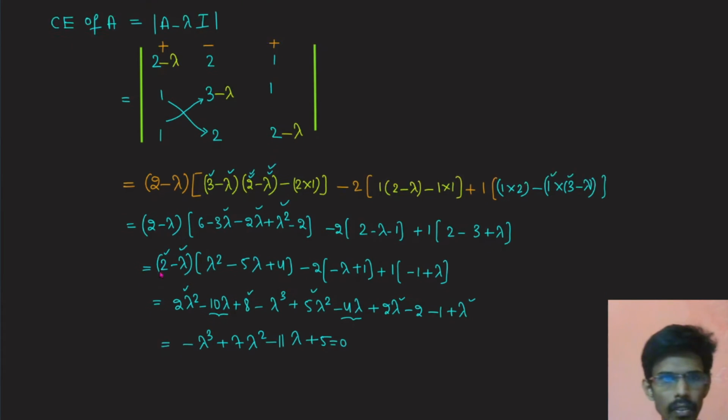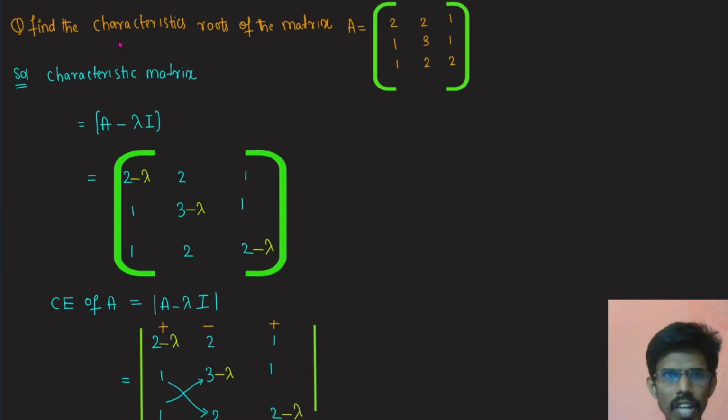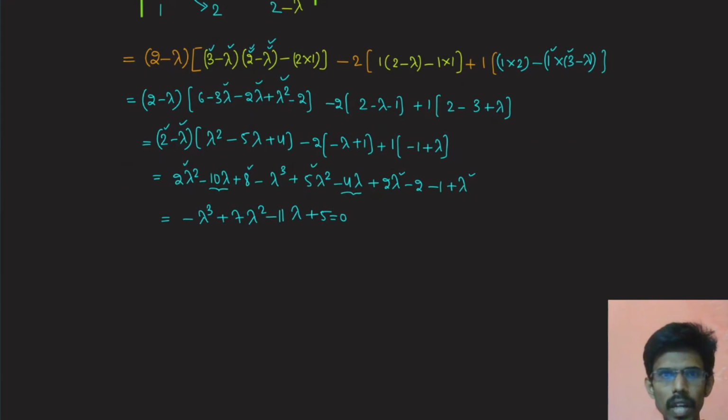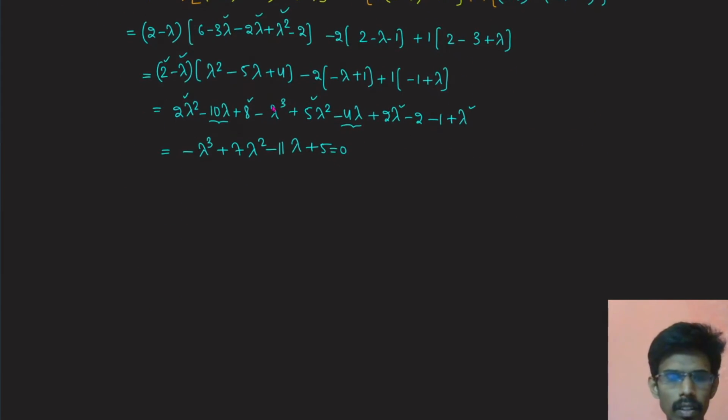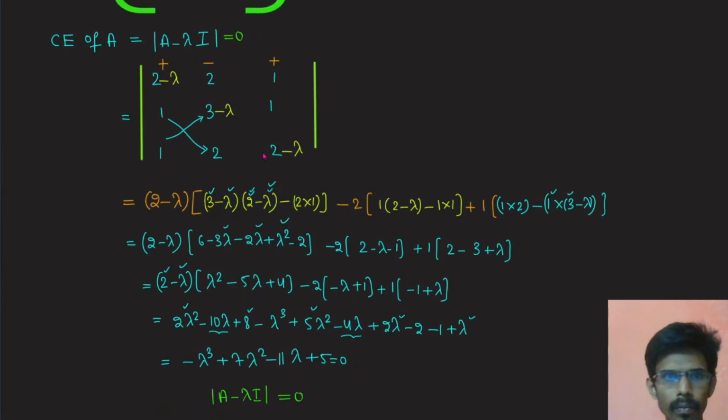Now the characteristic equation is the determinant of A minus lambda I. Whenever we are asked to find the characteristic roots, then we have to equate this to 0. So the characteristic equation, determinant of A minus lambda I, must be equal to 0.